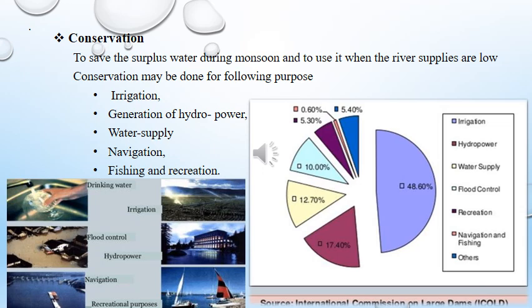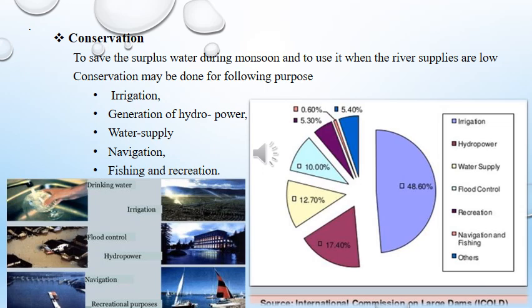The conservation may be done for any one or more of the following purposes: irrigation and generation of hydropower, as well as water supply, navigation, fishing, and recreation.